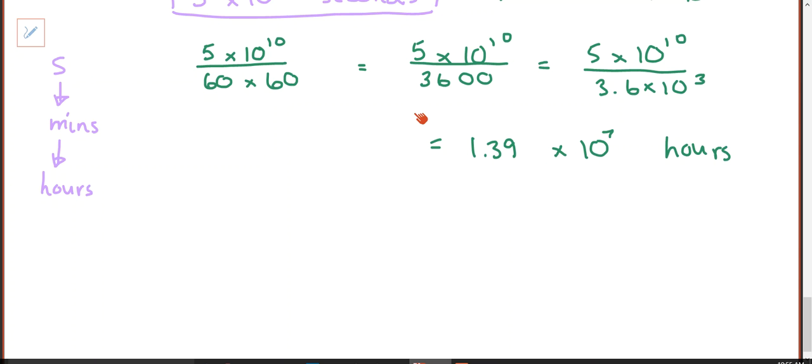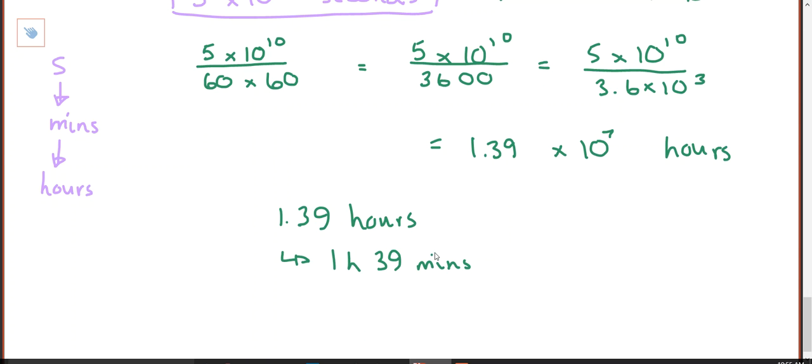Sort of, but it's the kind of understanding of this notation. If I told you it was just 1.39 hours, the problem was that some people would go, okay, that's 1 hour 39 minutes.